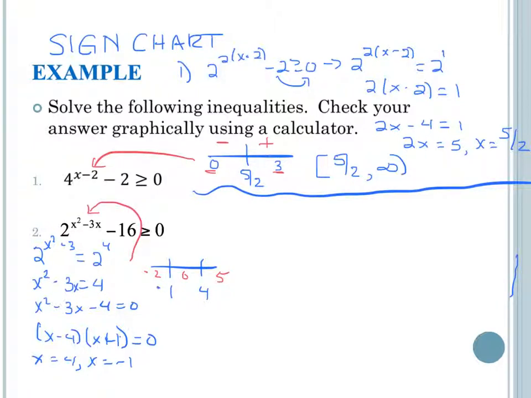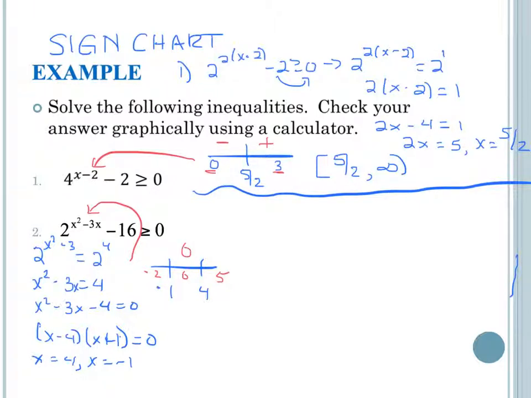And I'm going to plug those values in to my exponent, checking where I get positive results and where I get negative results. And so when I plug in 0, that's the easiest one, I am going to get 2 to the 0, that's called 1, minus 16, that's certainly negative.